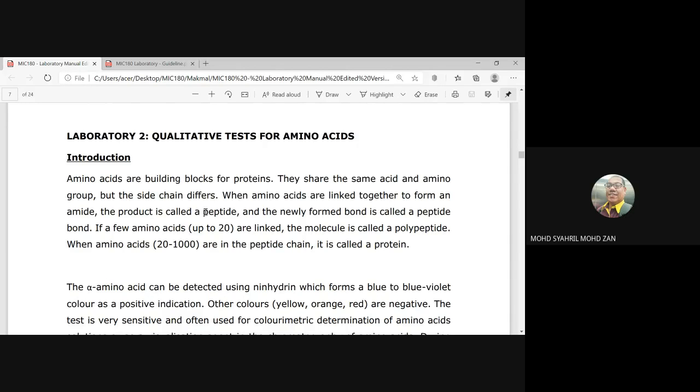So this is the bond between two amino acids. Okay, a peptide is a bond between two amino acids, or in other words, the newly formed bond is called a peptide bond. Okay. If up to 20 are linked, they are called a polypeptide. If more than 20 up to 1,000 amino acids link together with the peptide chain, it is called a protein. That is the difference between polypeptide and proteins. Okay.